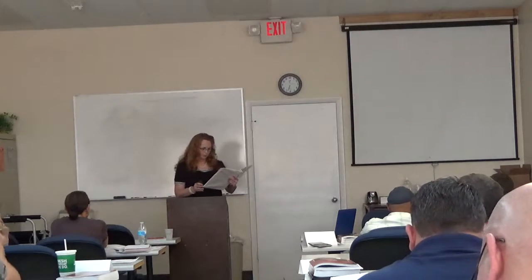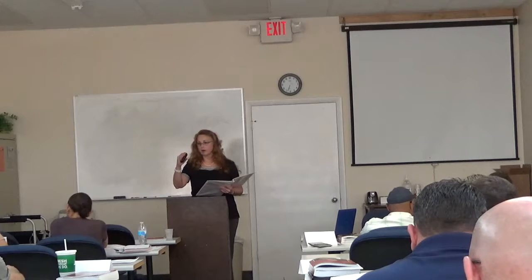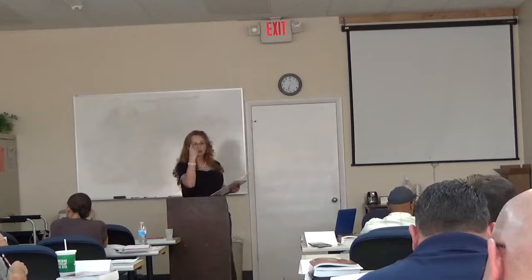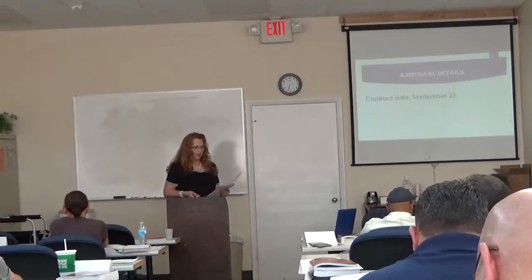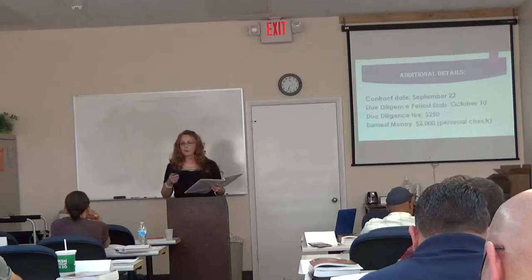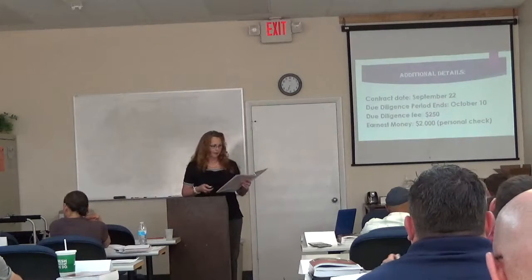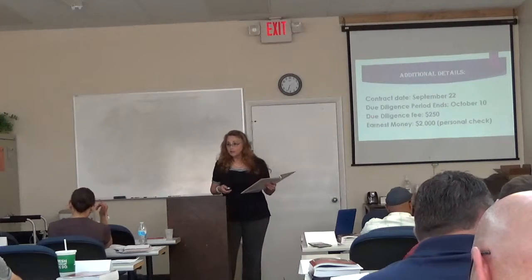Very good. Now, in addition to this, when you received your packet, you received tax records and a lot of information. Let's do a quick summary over what you received prior to lunch. The contract date is September 22nd. The due diligence period ends on October 10th. The due diligence fee is $250.